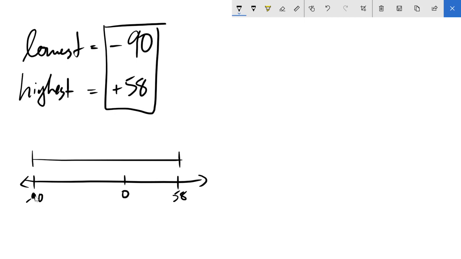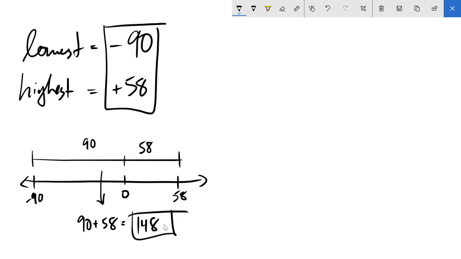Well, if you're down at negative 90, just to get to 0, how far do you have to go? 90. And then you've got to go another 58 to get back to the very top. So logically, what's the answer here? It's 90 and 58 put together, which is 148. I think that's the right answer. Okay, it's 148 degrees apart.